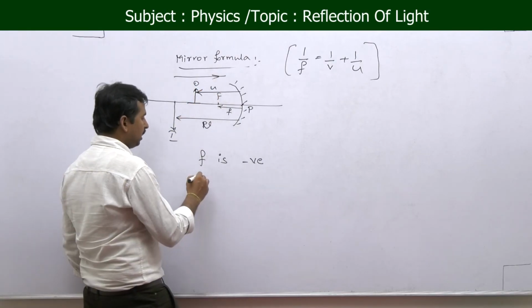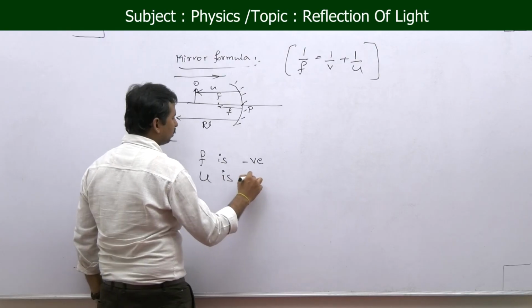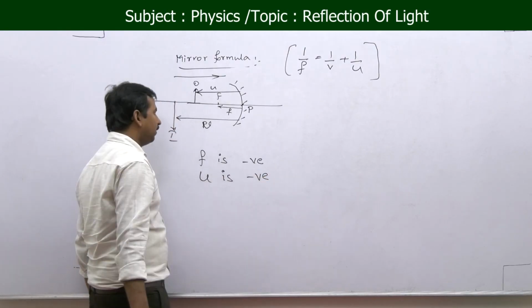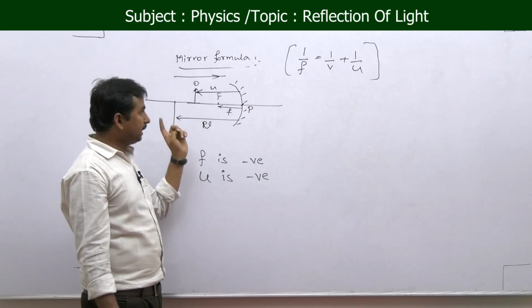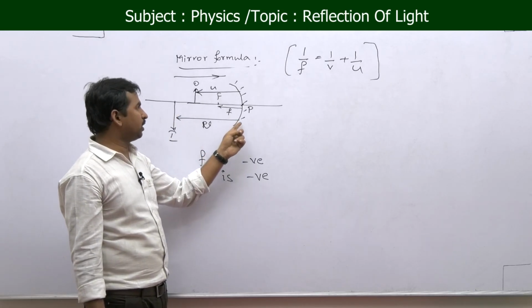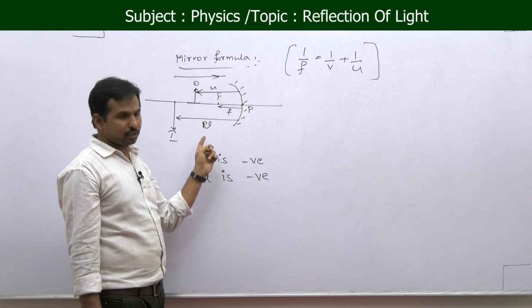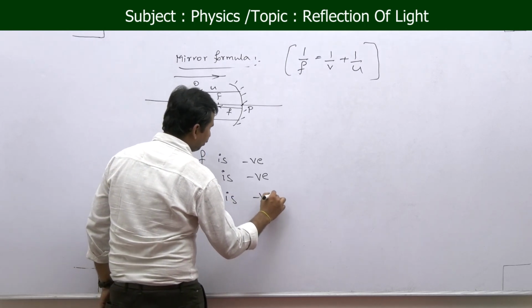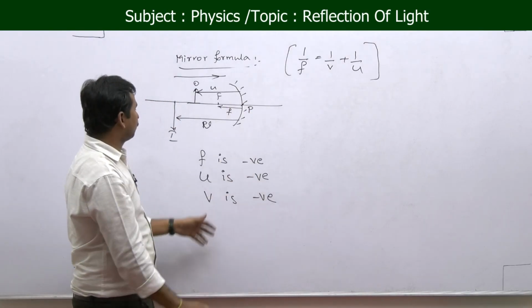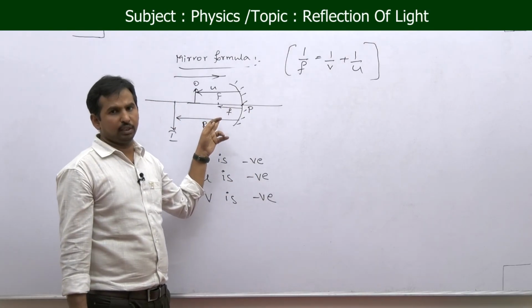So here the object distance u is also negative. In the case of v, the image distance, which is formed on the same side, we are also measuring opposite to the light ray direction. So v is also negative. These are the sign conventions for the case of a concave mirror.